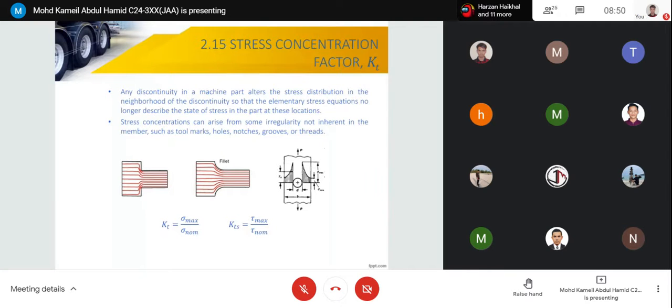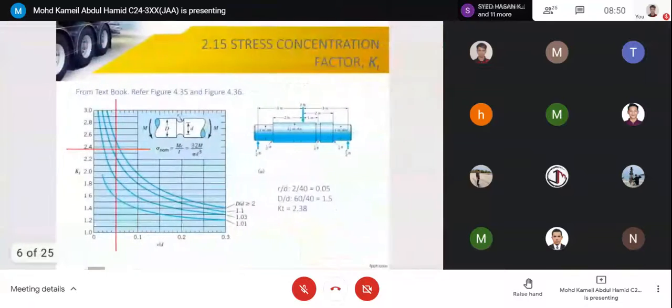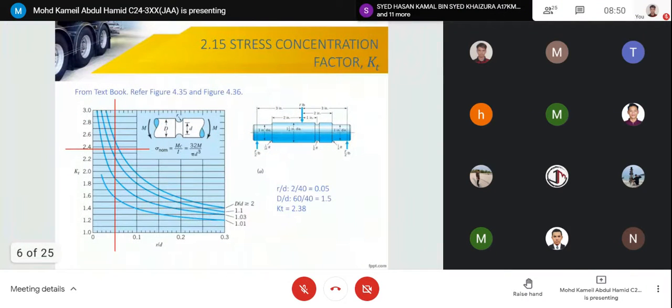Okay, so what happens, it will change the stress distribution, and then we have to use some of this stress concentration factor. KT is the normal one, KTS is the shear. Okay, so a bit of modification. These are the example. If we have the stress concentration, we are going to apply the changes in the diameter.